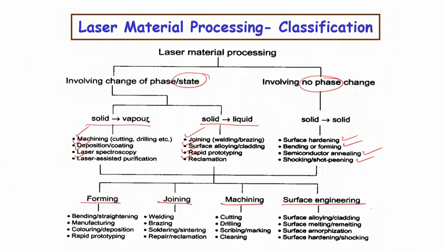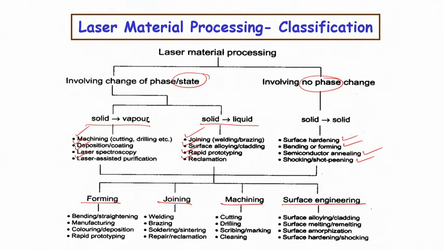By forming, you mean bending or straightening or manufacturing of components, parts, shapes, coloring, deposition, rapid prototyping, or direct manufacturing. In terms of joining, you can think of welding, brazing, soldering, or sintering, even various forms of reclamation, refurbishment. Machining is removal, so you can do cutting, you can do drilling.